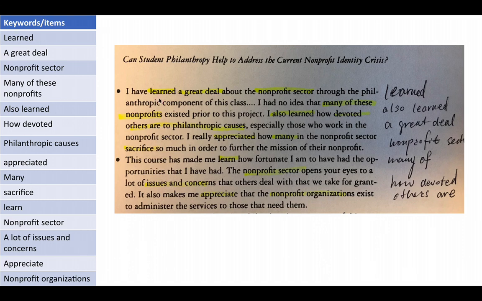All right, so learned, a great deal, right? So nonprofit sector, etc. All right, so now since we already selected all the keywords and items, the next step will be assigning codes to each of the keywords or items. So first, I coded learn as learn, all right, a great deal at the level. So nonprofit sector, many of these nonprofits, I all coded them as nonprofit.